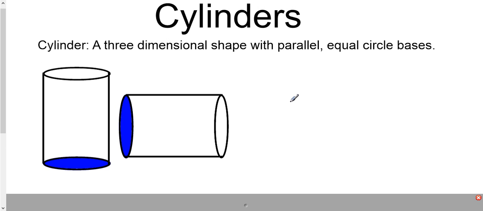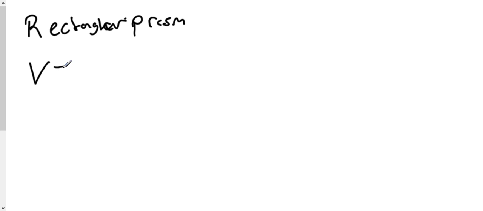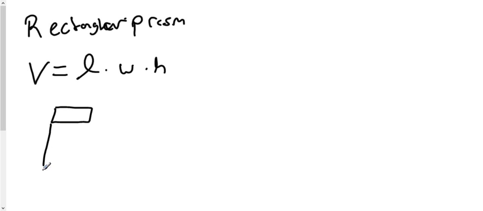Now, a cylinder is a lot like a rectangular prism, and a rectangular prism has the equation for length times width times height. Rectangular prism.